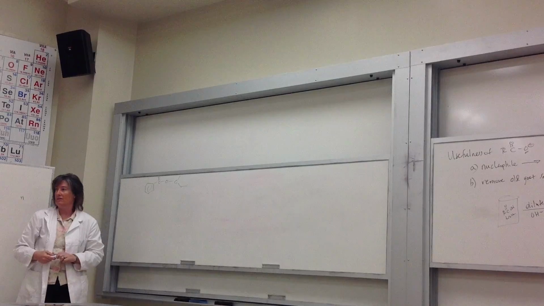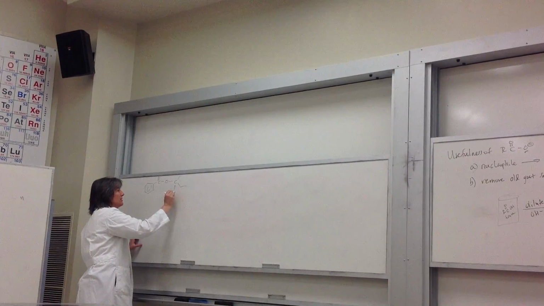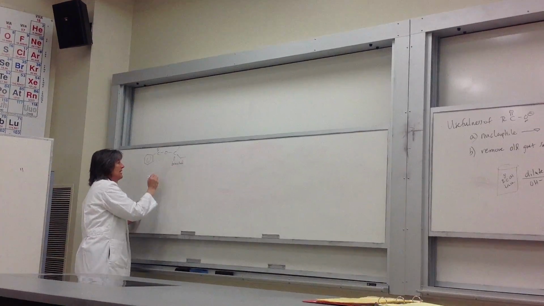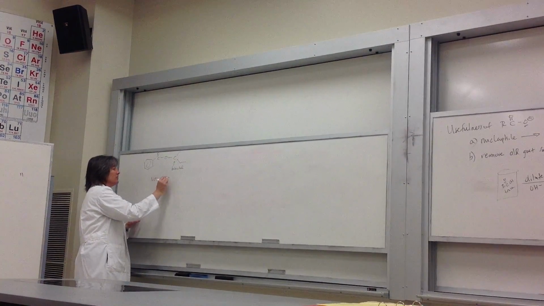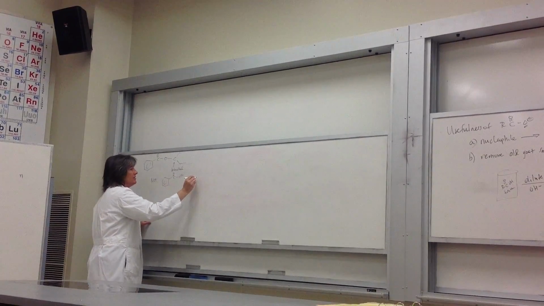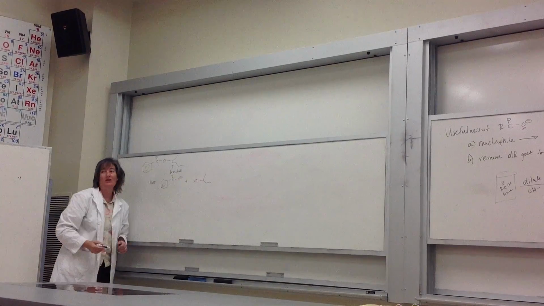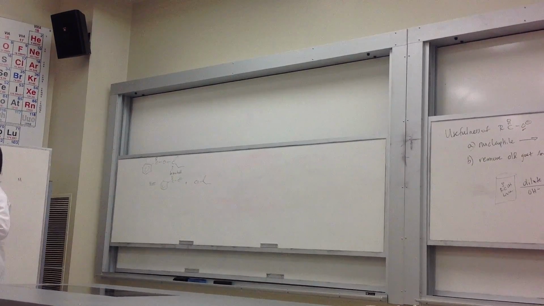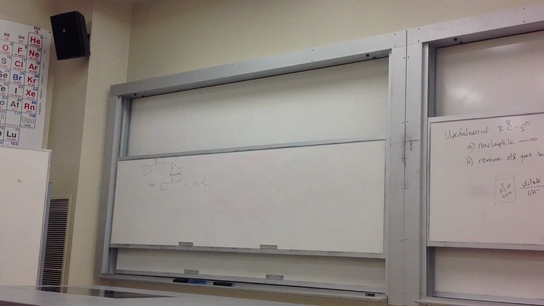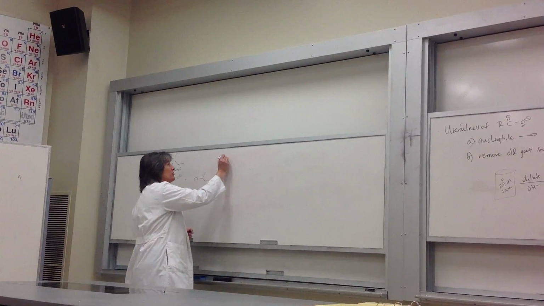Since this is now branched, I cannot do this. That's not going to be effective. And so I've got to have a different way, something a little more general. And that reaction is what we'll call number 3.